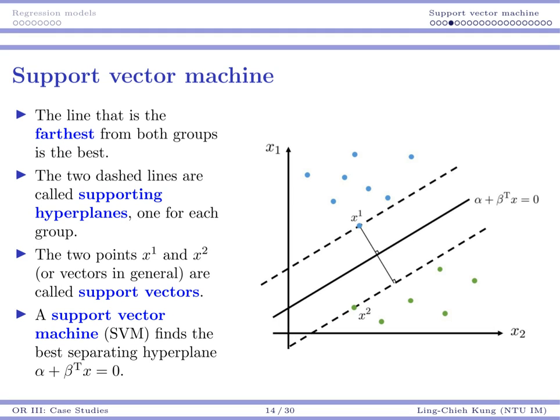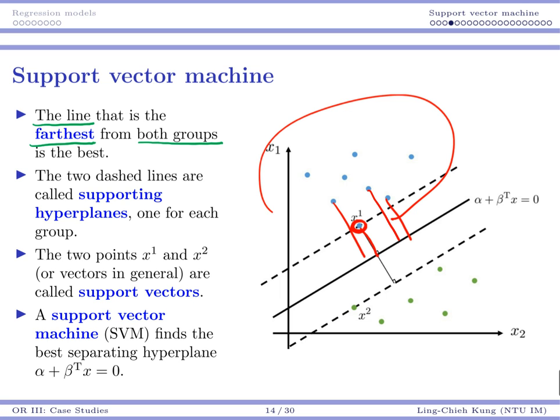Well, some people say, let's find the line that is the farthest from both groups. Okay, so that means we want to find a line, for example, this one. Once we have a line, then for each group, we may see what's the distance from each point to the line.